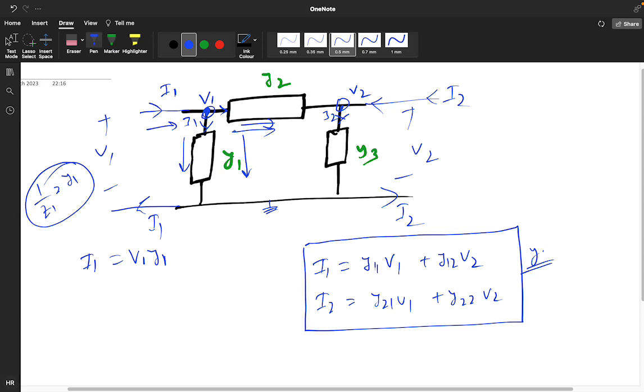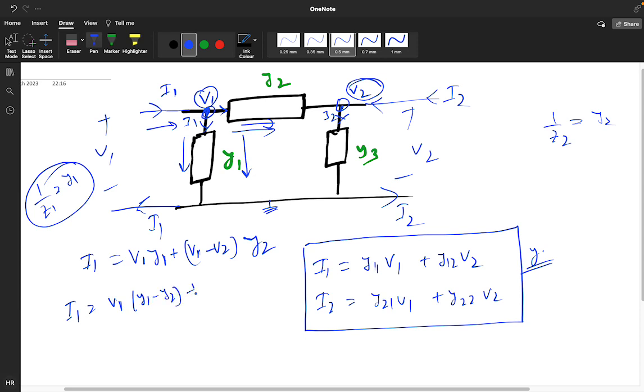What about this branch current? It will be V1 minus V2 upon Z2, and 1 by Z2 is equal to Y2, so we simply write Y2. Just solve this equation and get the result. Take V1 as common: Y1 plus Y2 times V1, minus Y2 into V2.